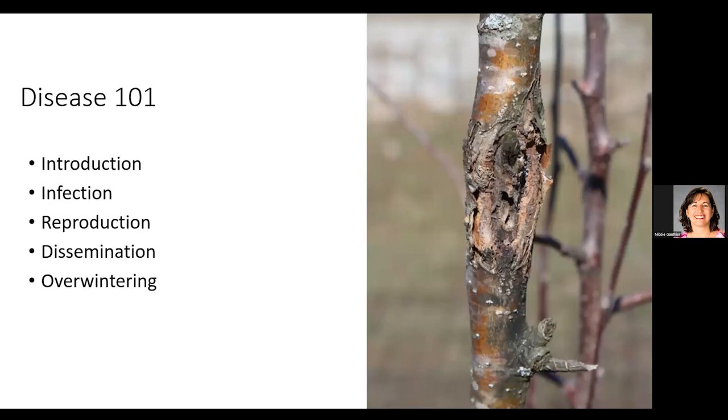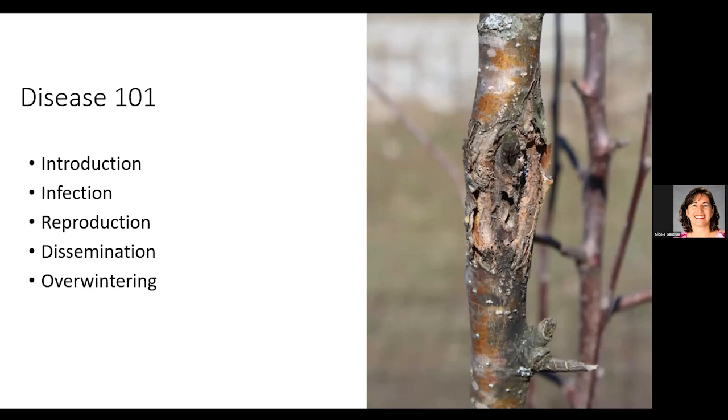So the role of disease, or the cycle of disease, is important when we think about IPM and when we think about disease management. So let's kind of walk through what might be happening in your field or in your greenhouse. The first thing that has to happen is the pathogen has got to be introduced into the field, introduced into the greenhouse, introduced into that planting.